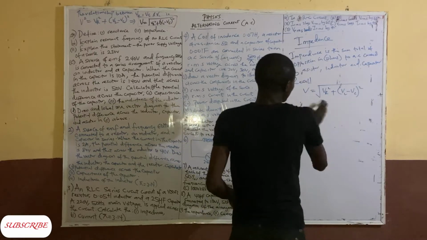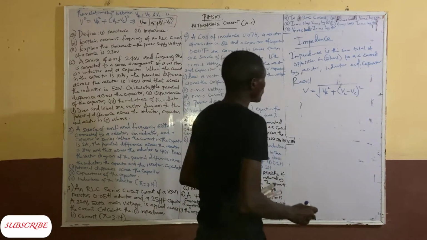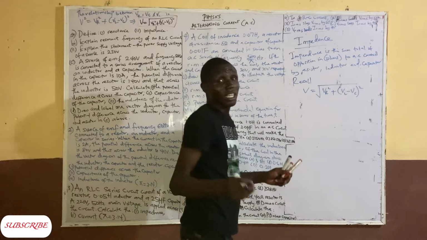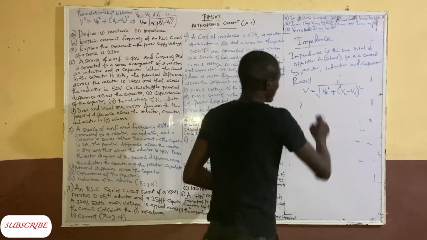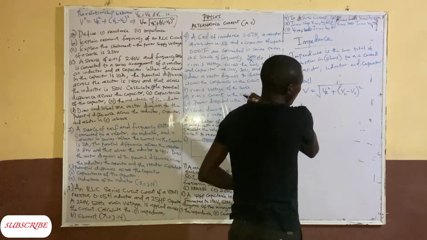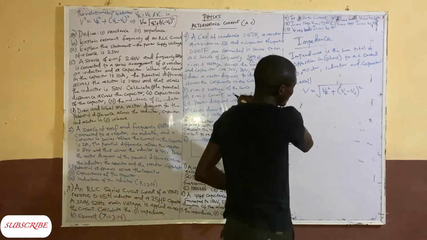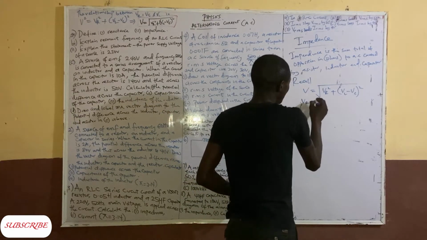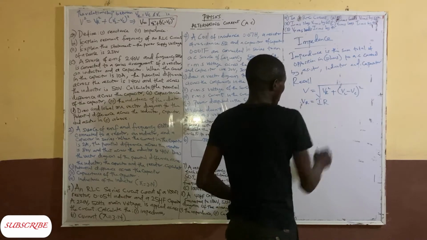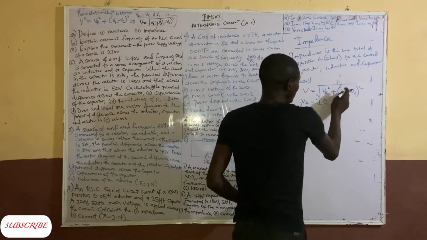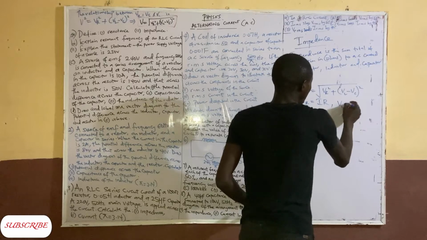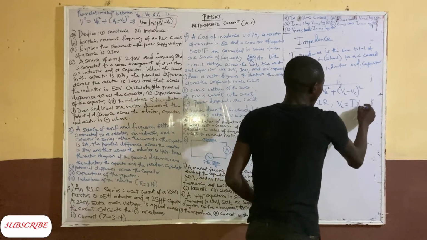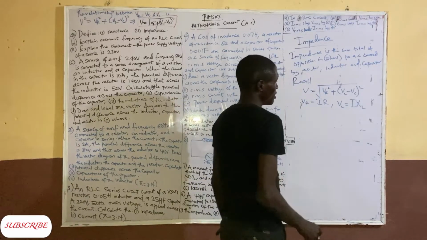You know that in series connection we usually have the same current. So when you factorize the current out, the voltage VR is calculated as IR. VL is calculated as I multiplied by XL.